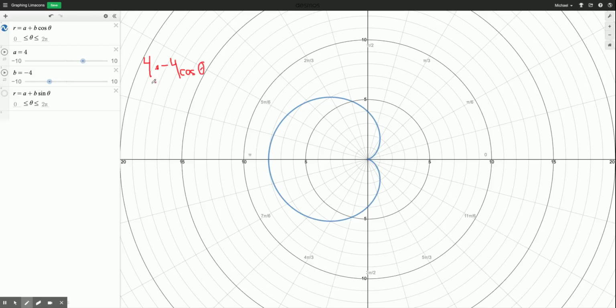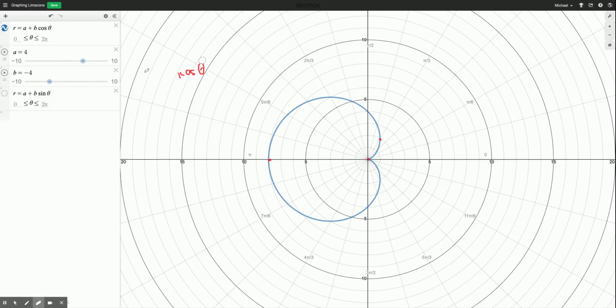When theta is 0, you get 4 minus 4. When theta is pi over 3, you have 4 minus a half of 4, or 4 minus 2, which is 2. And you can go on forever. When theta is pi, you have 4 plus 4, which is 8.